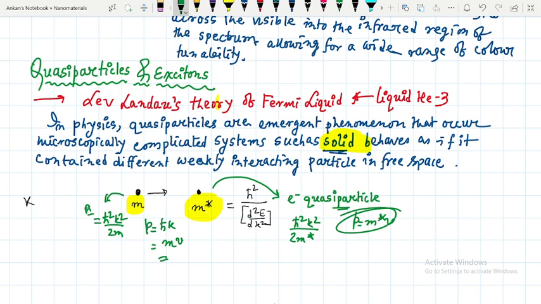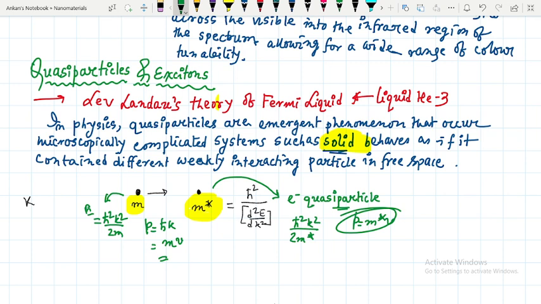Another example is also studied in your solid state physics. While studying superconductivity, you have found the BCS theory, which was originated by Bardeen, Cooper and Schrieffer in the year 1957, where they were mainly interested in discussing the reason behind superconductivity.